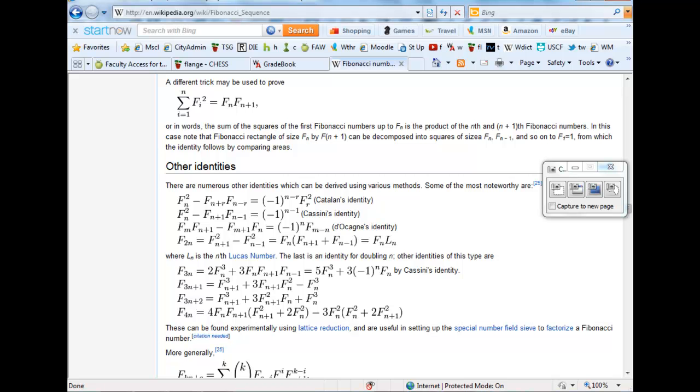But here's Catalan's identity, Cassini's identity, d'Ocagne's identity, Lucas numbers, spelled with a C. You can take any one of these and investigate it with a spreadsheet to see if it's true and verify it. Like any term squared minus, you go forward r in the term sequence, you go backward r in the term sequence, and you get this.